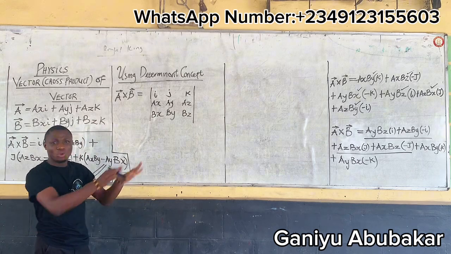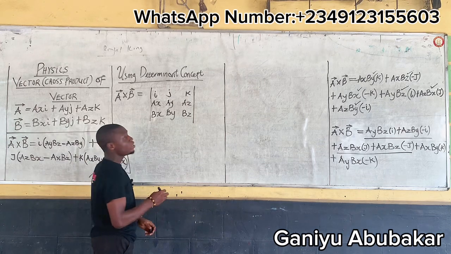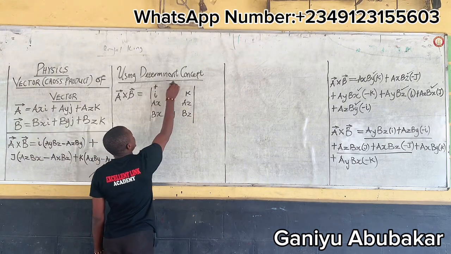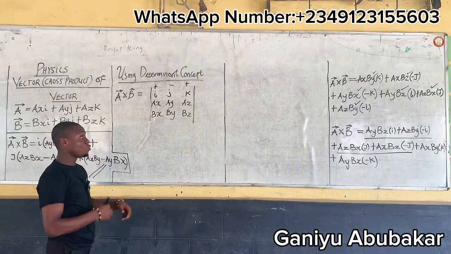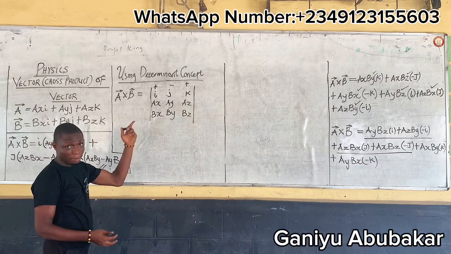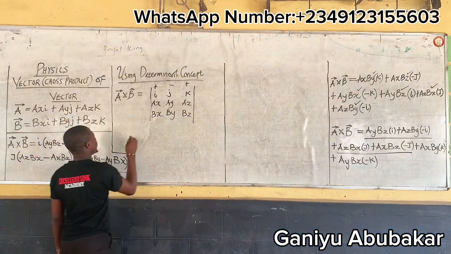So we apply the math concept here. Your very first task is to introduce a sign. Start with plus, minus, plus. That's the rule. If you don't know your normal mathematics, this is the concept I'm applying here. So start with plus I first.